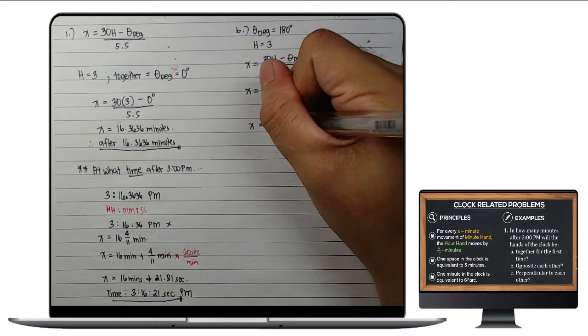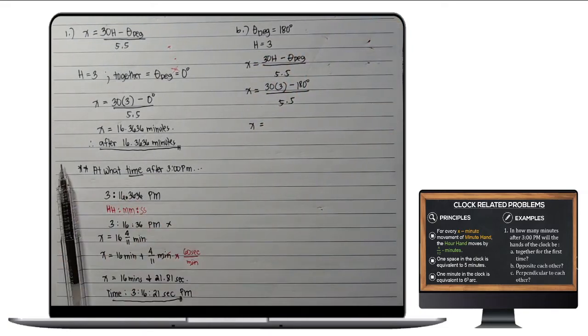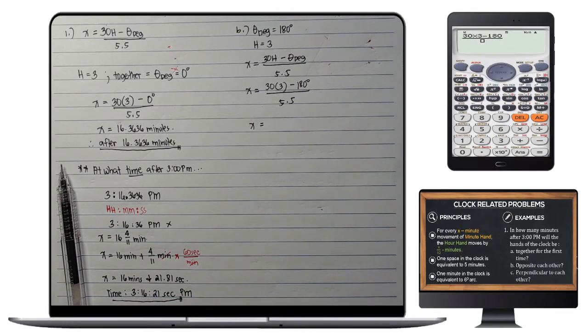So, we can solve for x here. At surely, yung x dyan ay negative. Ito natin, so that is 30 times 3, kasi 3 o'clock, minus 180, sorry. Okay, so 30 times 3 minus 180, divide lang natin ang 5.5.